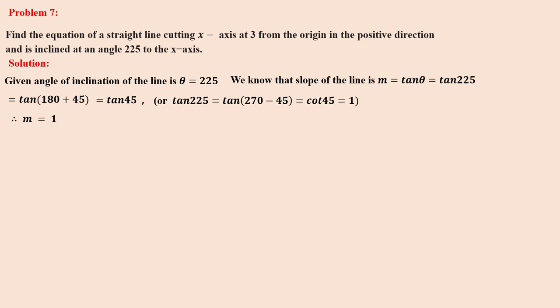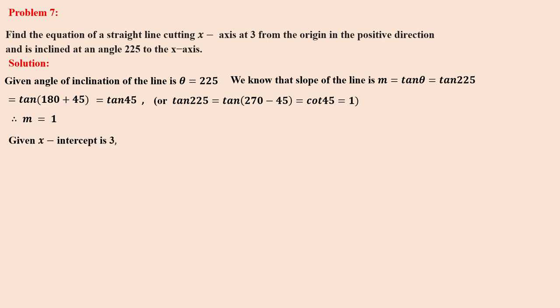Whenever you get 270, sine becomes cosine, tan becomes cot, and secant becomes cosecant. So tan 270 minus 45 gives cot of 45, which is in the third quadrant. Here tan is positive, so you get cot 45, which is equal to 1. Or otherwise you can calculate like that.